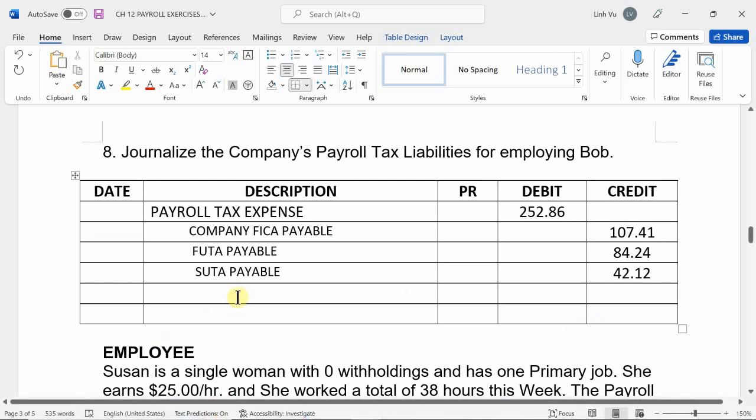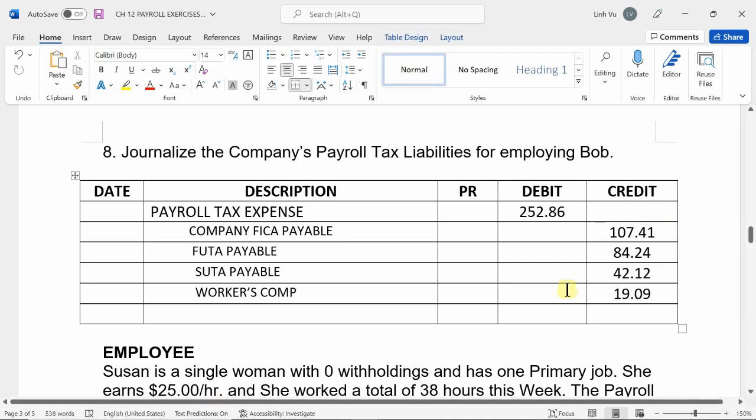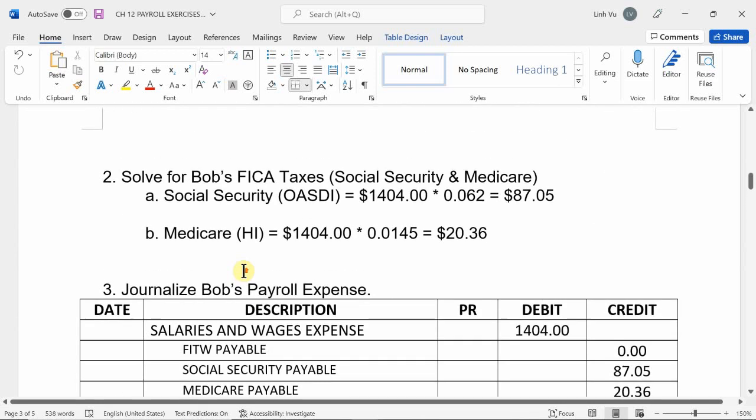Okay. And then the workers' comp payable is $19.09. So that should give you a grand total of $252.86. Okay, and that's just one employee.